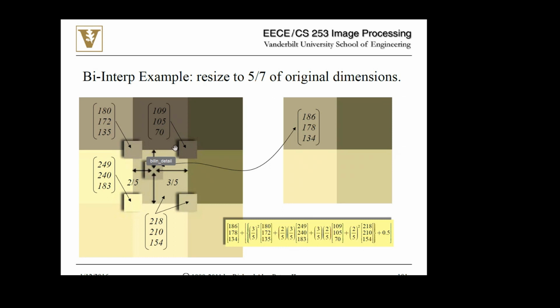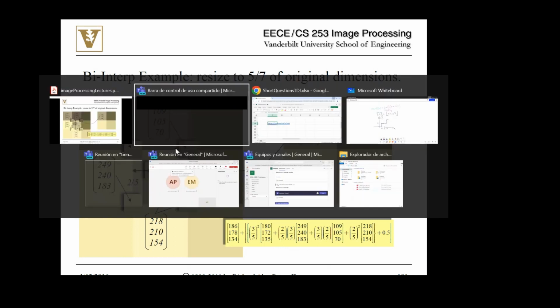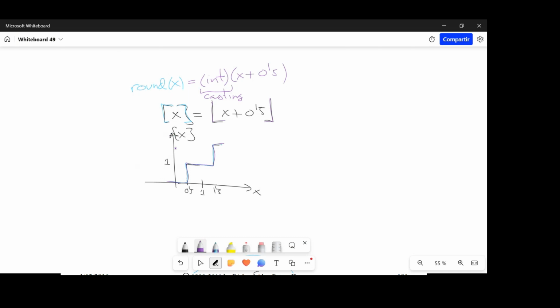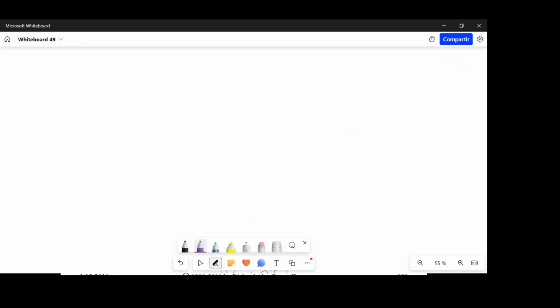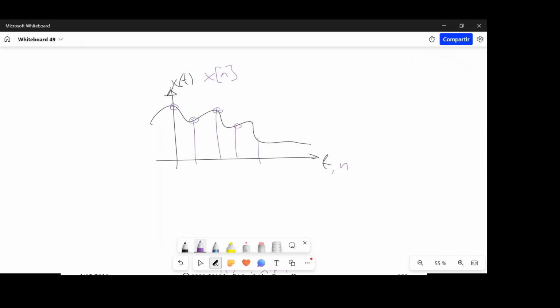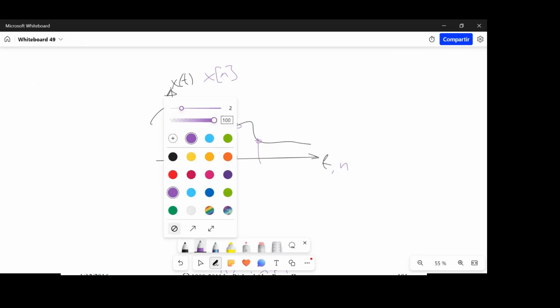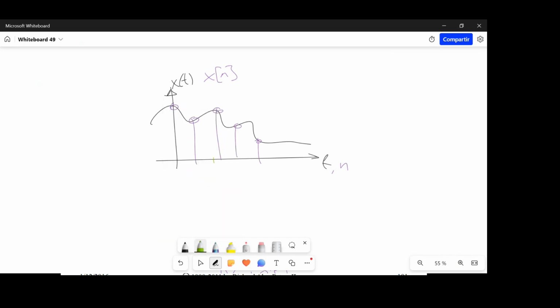If you think of it in terms of signals, let's say that we have a signal x, and we have samples of this signal, X of A. So now we have a value here in between.